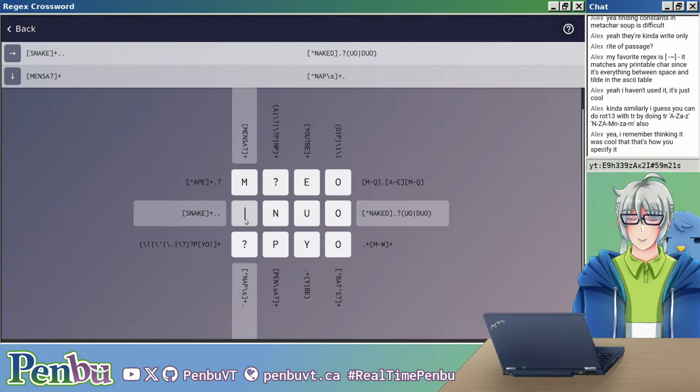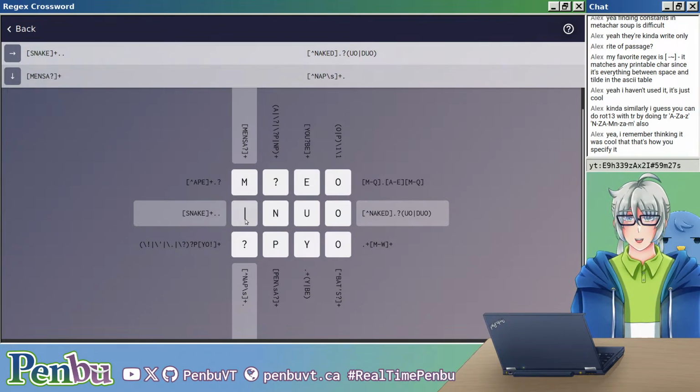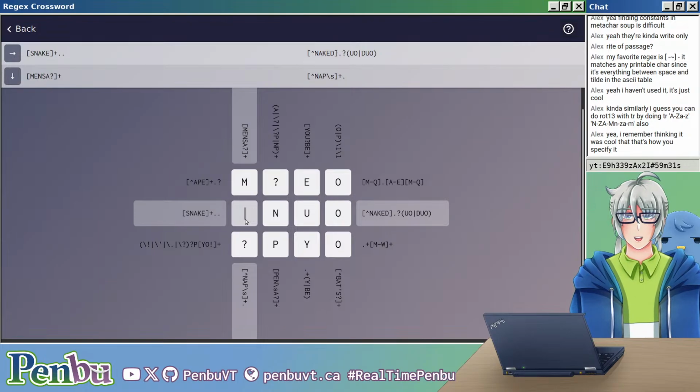Yeah, TR. I wonder what the history behind TR is, because I think Perl has something similar to what TR does. I think it's with the Y operator. But it could be that TR came first and then Perl took it from that.